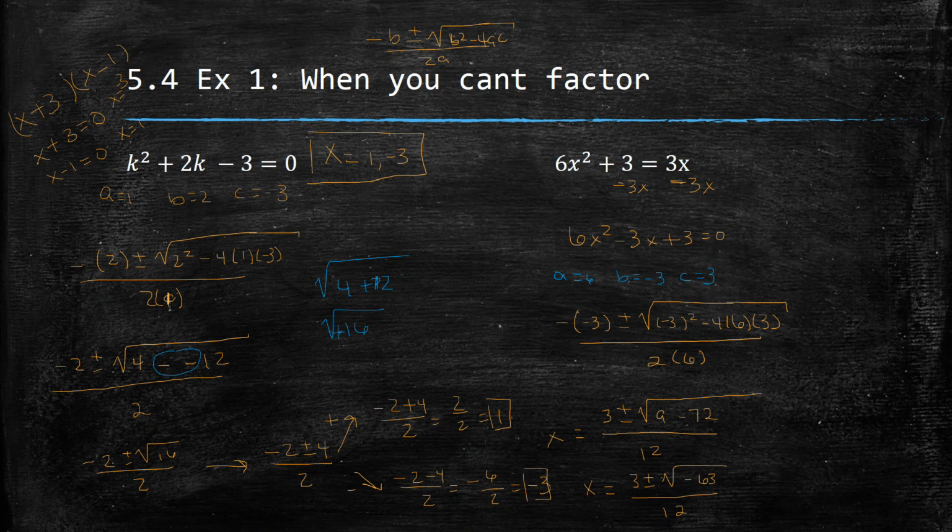all over 12. So this is where you want to go ahead and simplify that radical. So I'm going to go ahead and simplify it up here in blue. So we have the square root of negative 63.